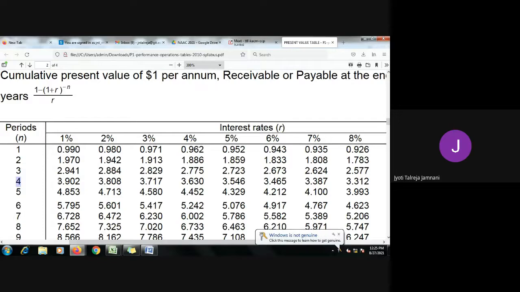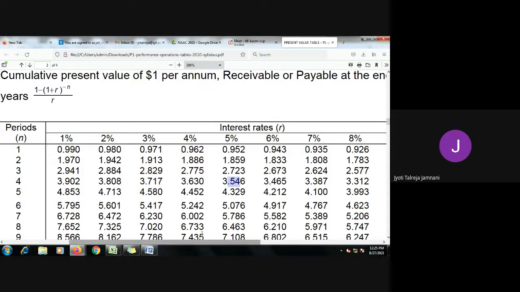So at 1% it is 3.902, 3.808, 3.717, 3.630, 3.546. I want 3.57. So 3.546 is closer, and 3.630. These two rates, 4 and 5%, are the lower and the higher rates, in between which we will get our 3.57.